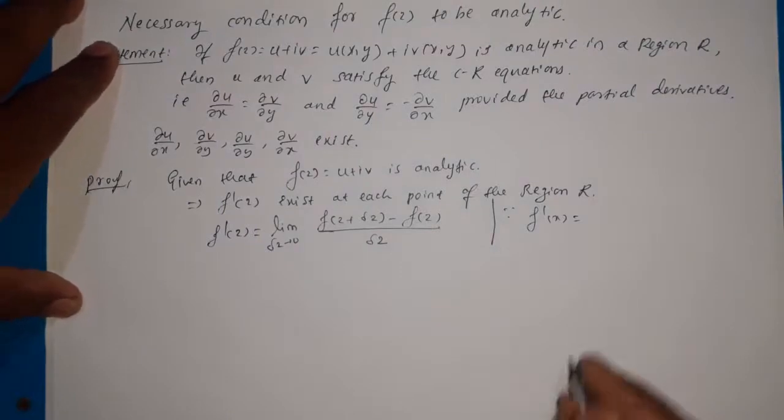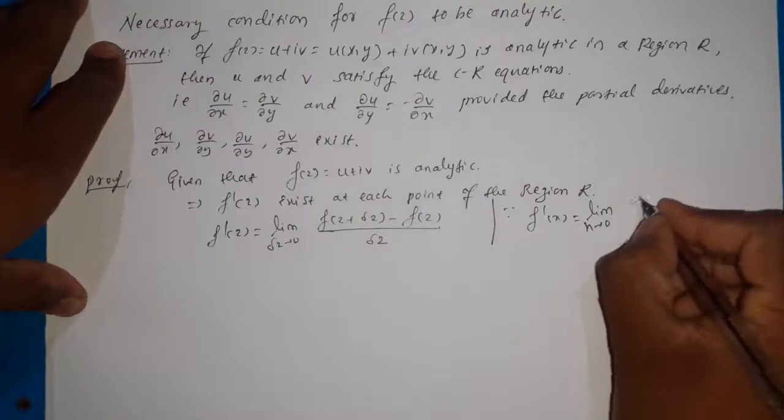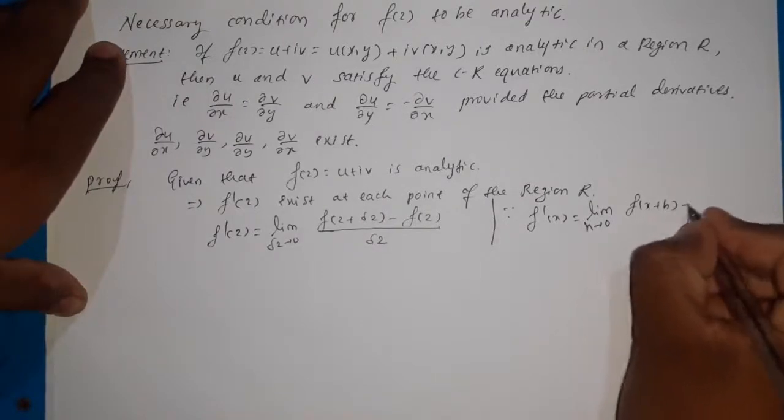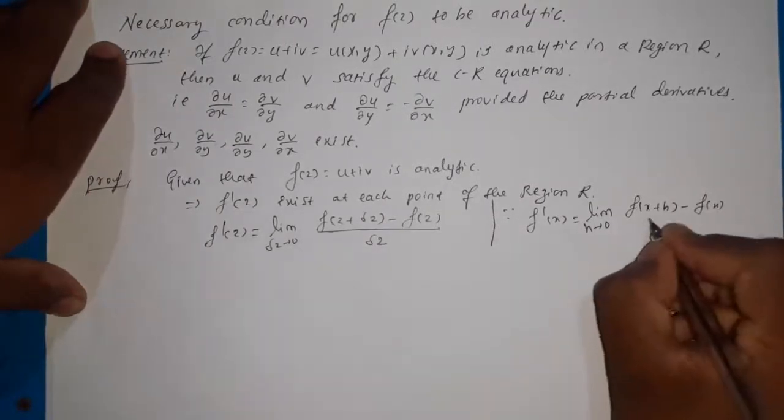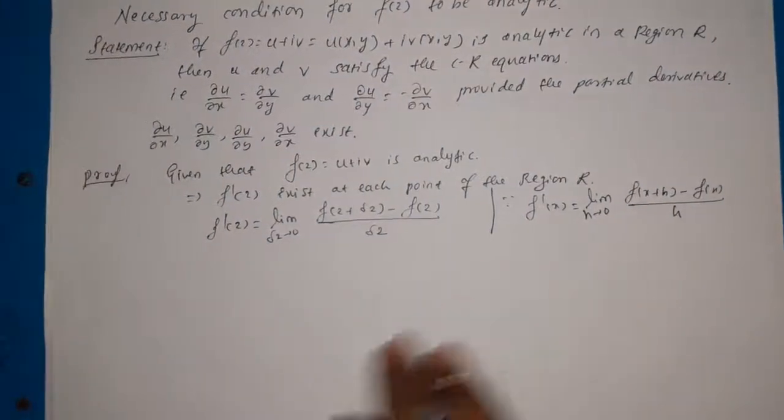So f dash of x equal to limit as h tends to 0 of f of x plus h minus f of x divided by h. So it is the definition of the derivative of a function. By using this definition we are writing f dash of z.